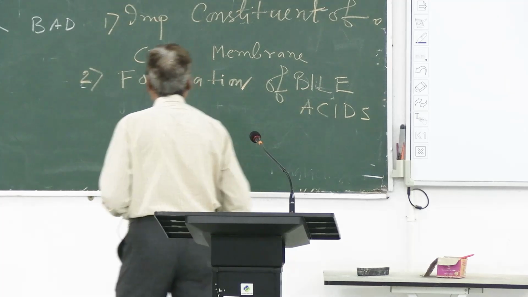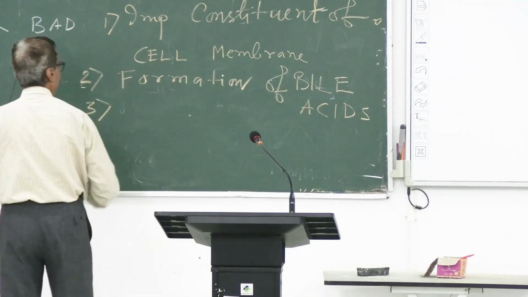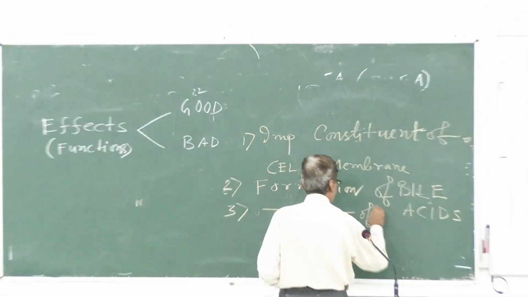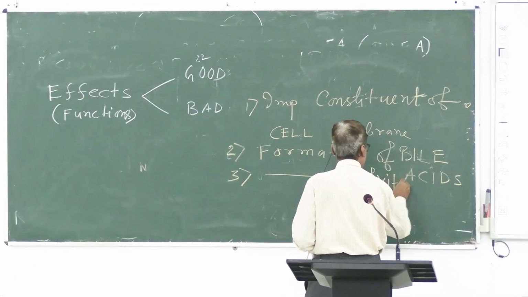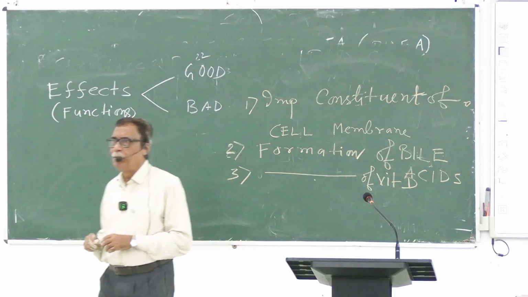Next one, what vitamin is formed? Formation of vitamin D. Vitamin D is a fat-soluble vitamin.